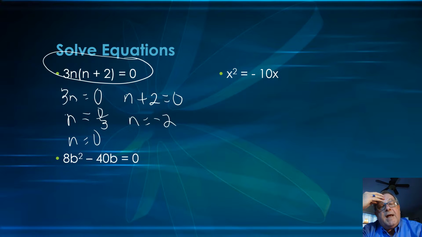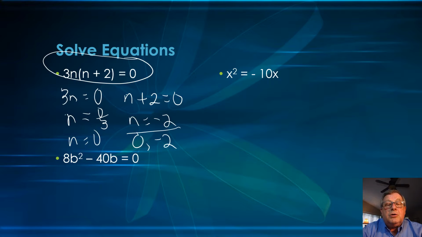But inside the parentheses, negative 2 plus 2 equals 0. And although 3 times negative 2 may give me negative 6, negative 6 times 0 is 0. And so my solution set then is 0, negative 2. And that is the solution to that equation.